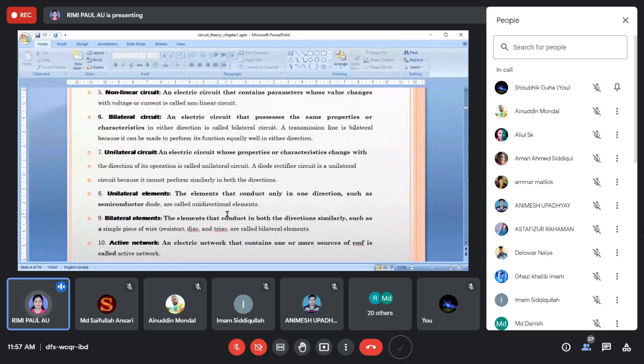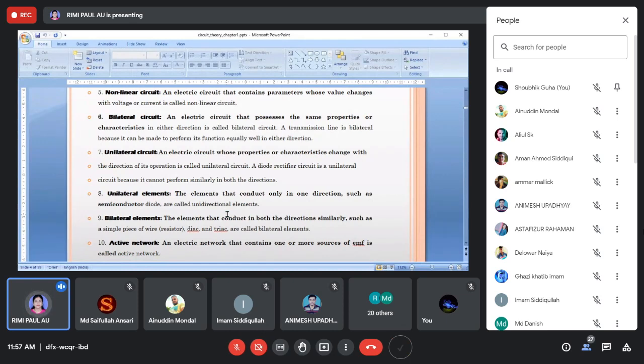So what is the difference between unilateral and bilateral circuit? An electrical circuit that possesses the same properties or characteristics in either direction. That means suppose I am taking a diode. Current flow from anode to cathode is possible, but the opposite is not possible.